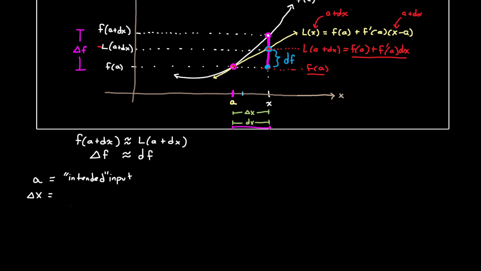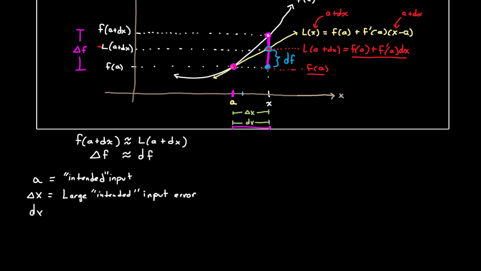Now remember, delta x is associated with large or intended input error. Now, you wouldn't intend to have error, but maybe you are just curious and you say, you know what, I'm going to put an extra half a unit of yeast just to see what happens. Well, that would be large or intended.